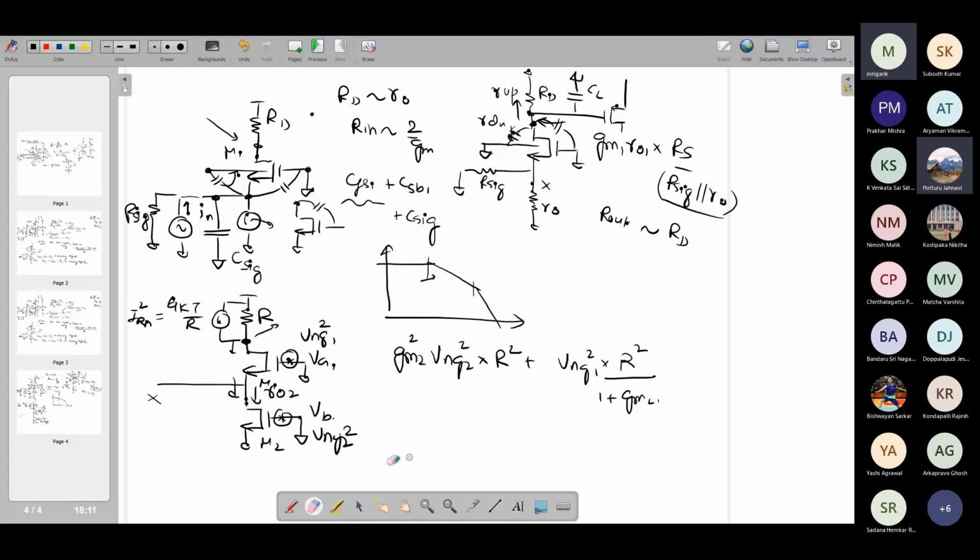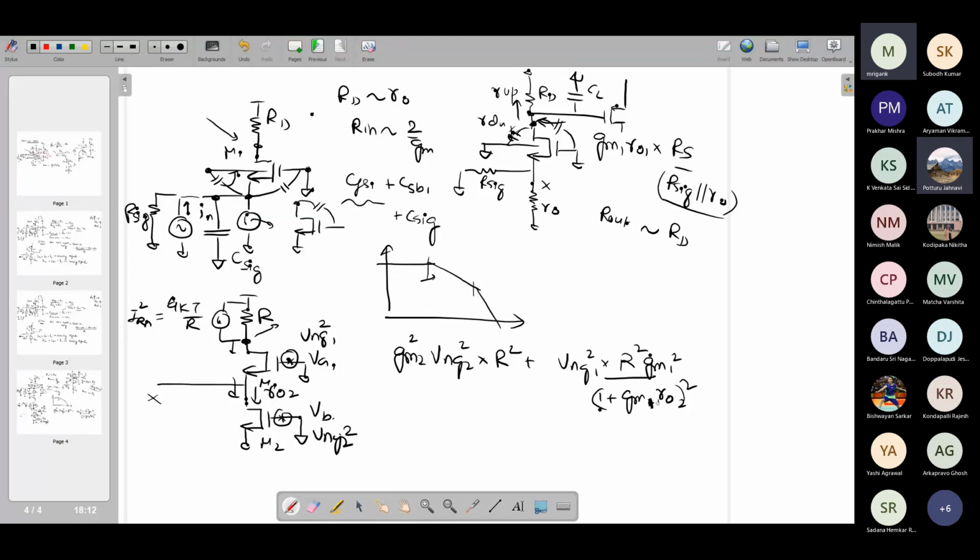Yes. So GM2 into R, sorry, GM1 into RO2 square whole square. So this is the gain, right? So GM RS into GM, of course. So GM1 square. So GM RD upon 1 plus GM RS square is the multiplication factor for VNG1 square.